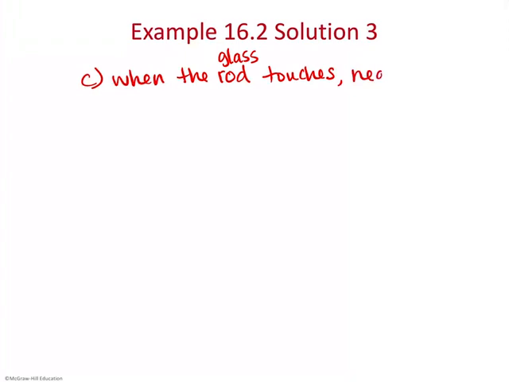Okay, the third question says that the glass rod actually touches the metal bulb. So what happens there? When the glass rod touches, because it's positively charged, negative charges, or electrons, flow into the rod.